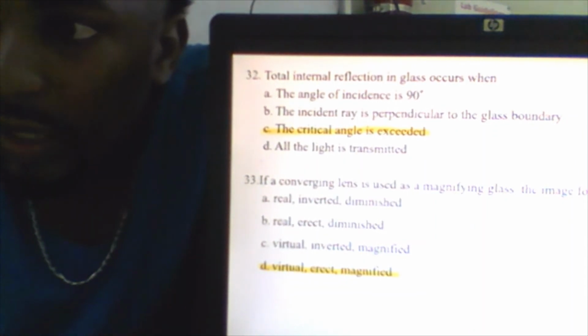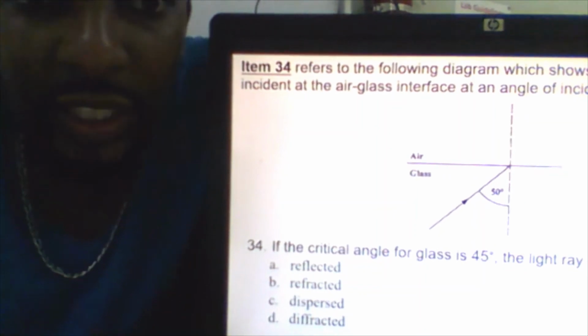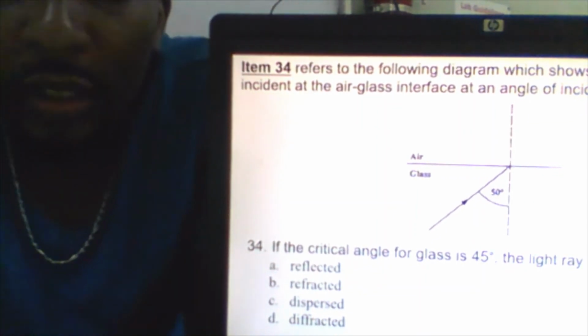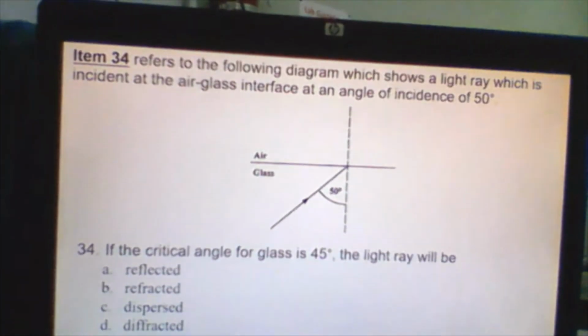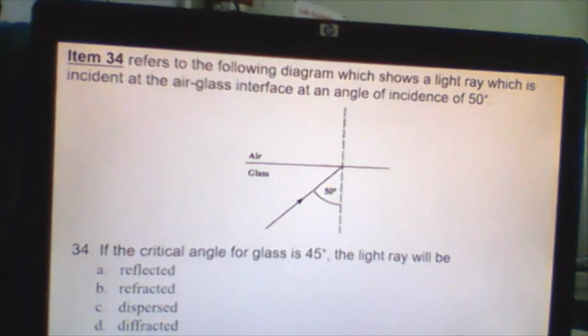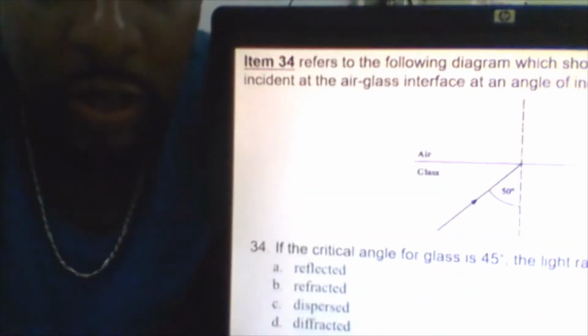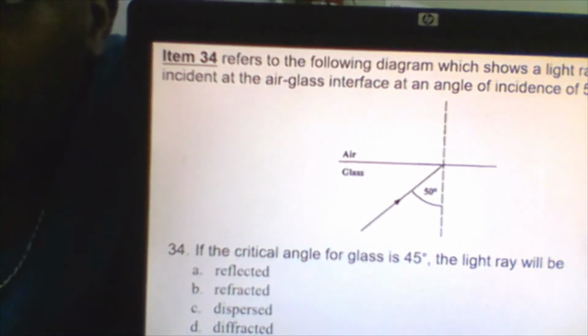And last question for today, let's look at number 34. It says the following diagram shows a light ray which is incident at the air-glass interface at an angle of incidence of 50 degrees, right? If the critical angle for glass is 45 degrees, the light will be what? Right, so again, our angle of incidence in this question is 50 degrees, right?